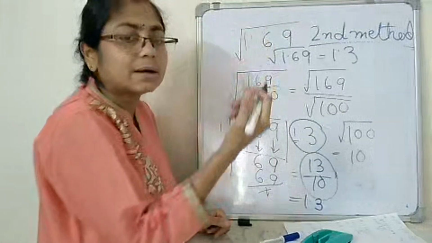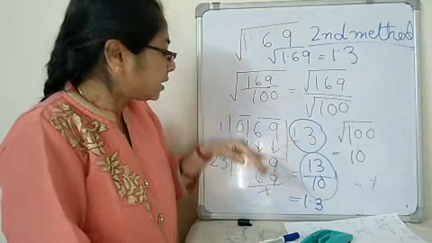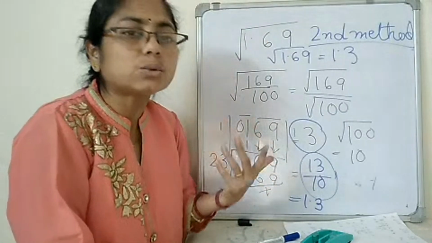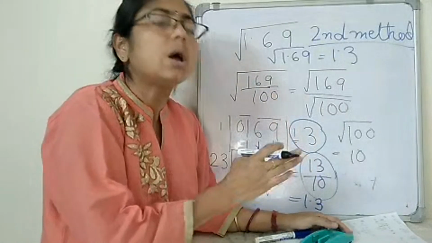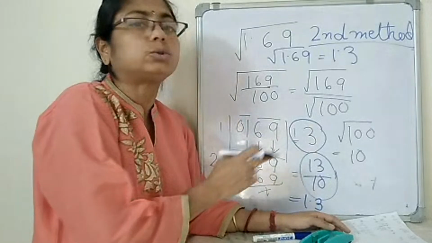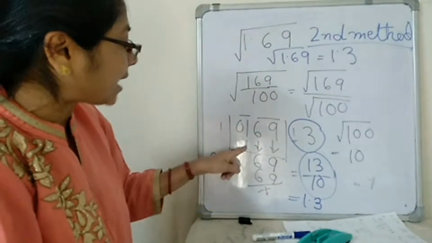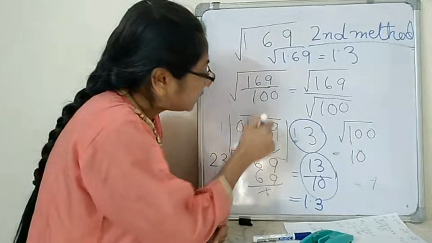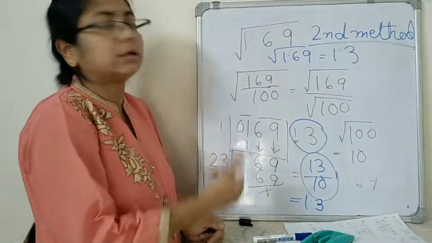First, you write a perfect square number near to 1. Near to 1, the perfect square number is 1, because 1's next number is 2 and 2 square is 4. 4 is bigger than 1, so I can't write it. So I write 1 here, write the result 1. Okay? Now I subtract it. Then I bring down 69 at a time because we are finding the square root.